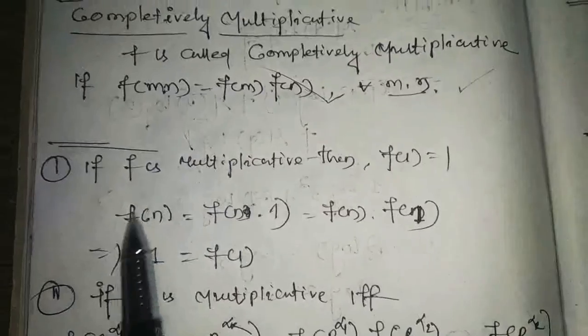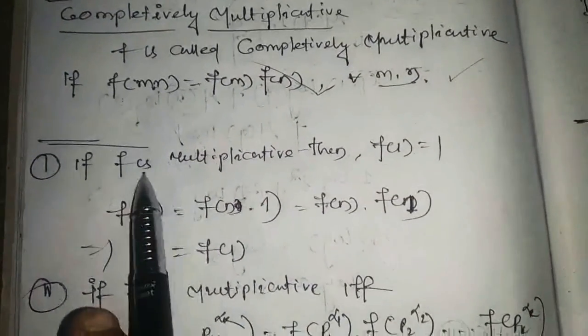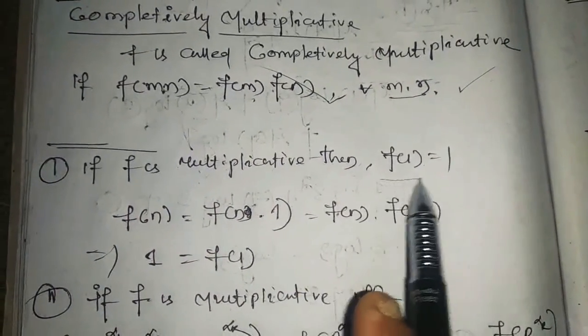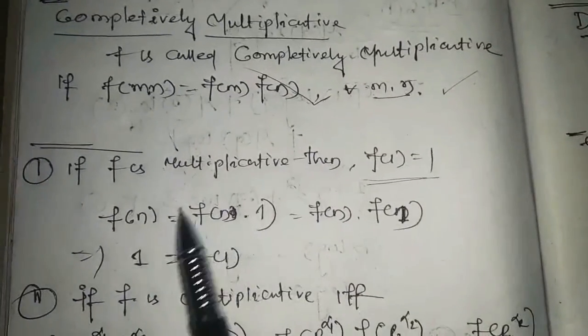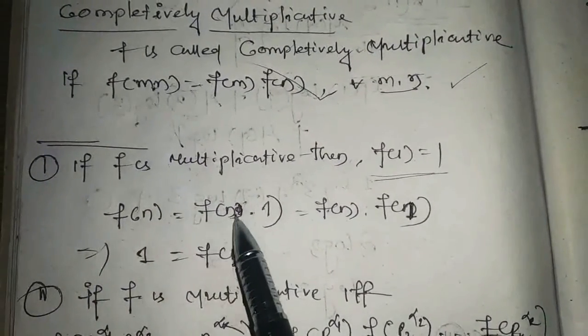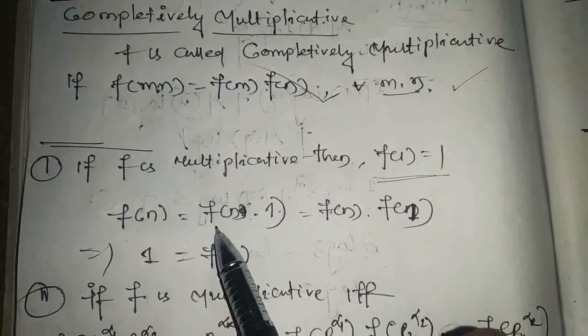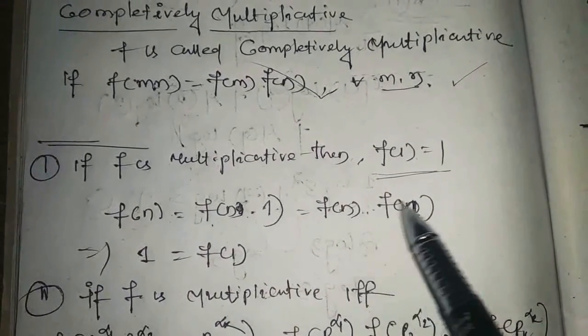Now some results on the multiplicative function. If f is multiplicative, then f of 1 will be 1. This can be proved by this. F of n can be written as f of n into 1. For f multiplicative, this is f of n into f of 1.